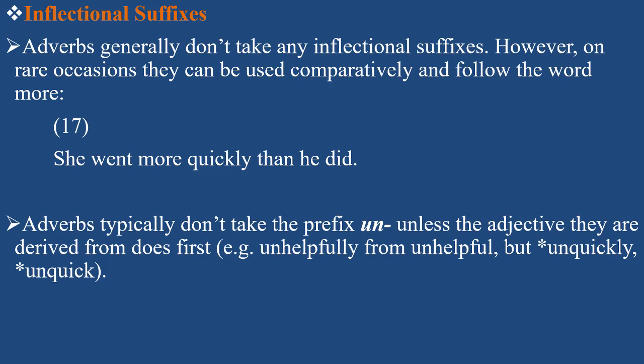If the adjective they are derived from is, for example, unhelpful, then we can say unhelpfully from unhelpful. But not unquickly because we don't have unquick. So the adjective should start with un, and then we can derive an adverb by adding ly to these words. Otherwise, it would be ungrammatical.